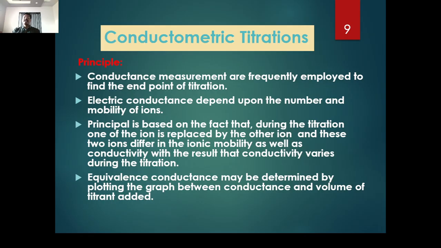Conductance measurements are frequently employed to find the end point of a titration. The end point is accurately measured using conductometric titration. In other titrations using indicators, to determine the end point we observe the change in color of the solution, which is manual and changes with the individual person.